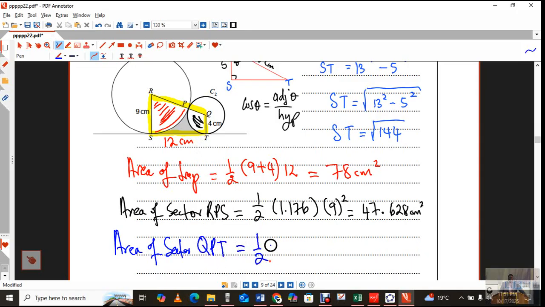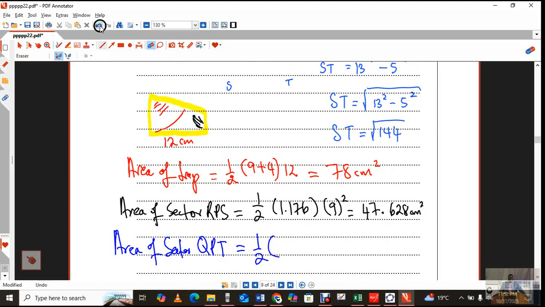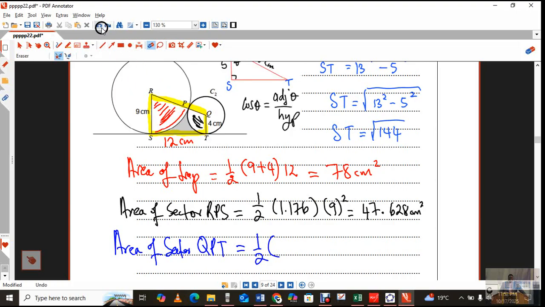Again, it's a half, and what is this angle? Now, here's the thing about the trapezium. If you know what this angle is, these two angles should add up to pi radians or 180 degrees, because that's 90 degrees and that's 90 degrees.